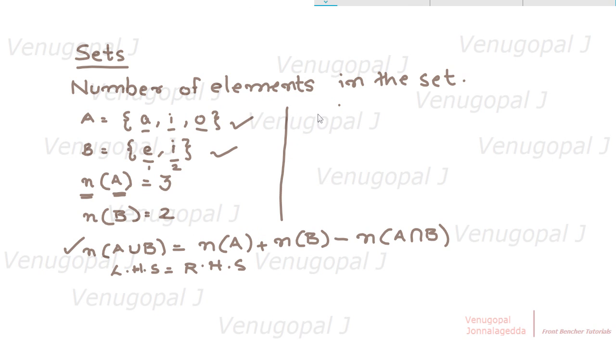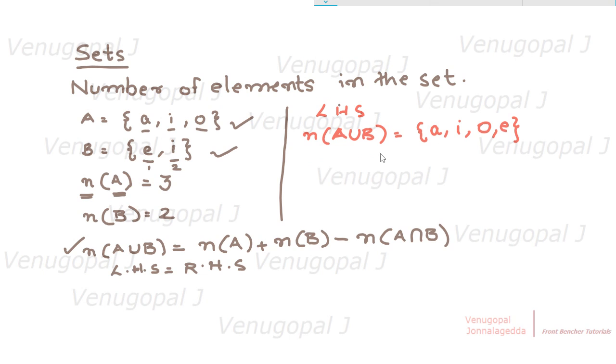Our LHS is the number of elements of A union B. So A union B is joining the elements of both the sets, that is A, I, O and E, right?